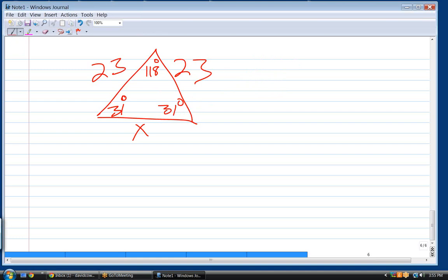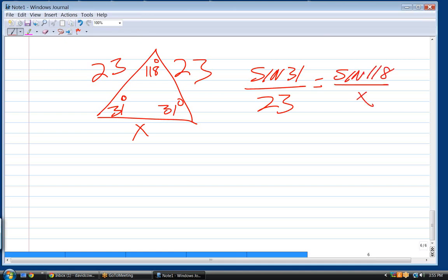So it would have to be the sine of 31 over 23 equals the sine of 118 over x.